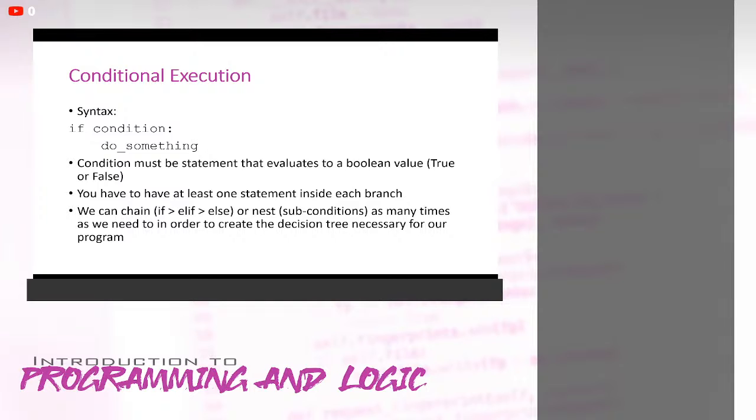A condition is going to be something that evaluates to either true or false. No ambiguity there. And that's going to be the condition on which some other code is run. If that condition evaluates to true, then the code that belongs to that condition runs.